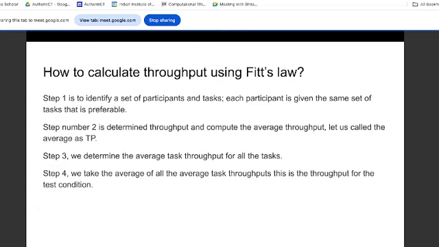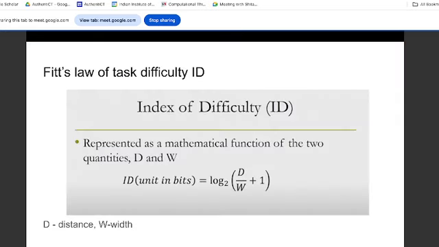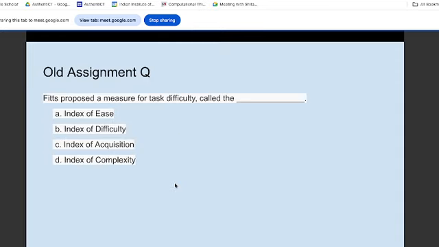The equation is ID upon MT. ID has units in bits and MT has units in seconds. So our throughput is bits per second.